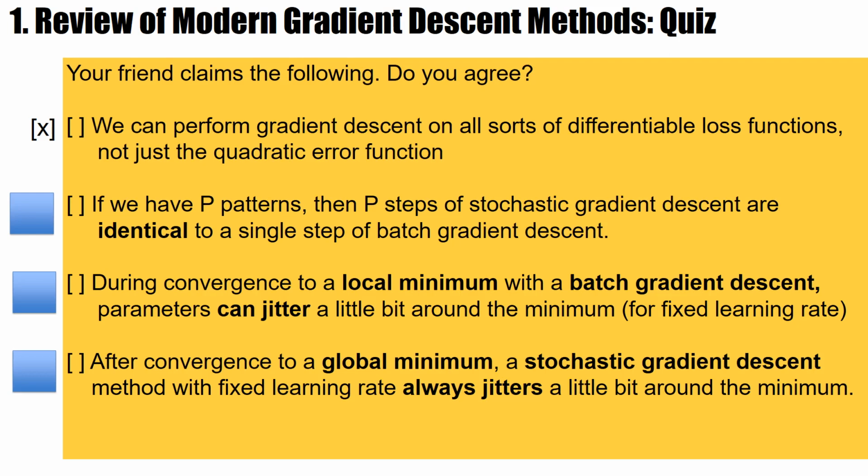Second claim. If we have p patterns, then p steps of stochastic gradient descent are identical to a single step of batch gradient descent. If you agree, raise your hand now. No, this is wrong. This is wrong for two reasons. The first one is, in stochastic gradient descent, we take patterns in random order.